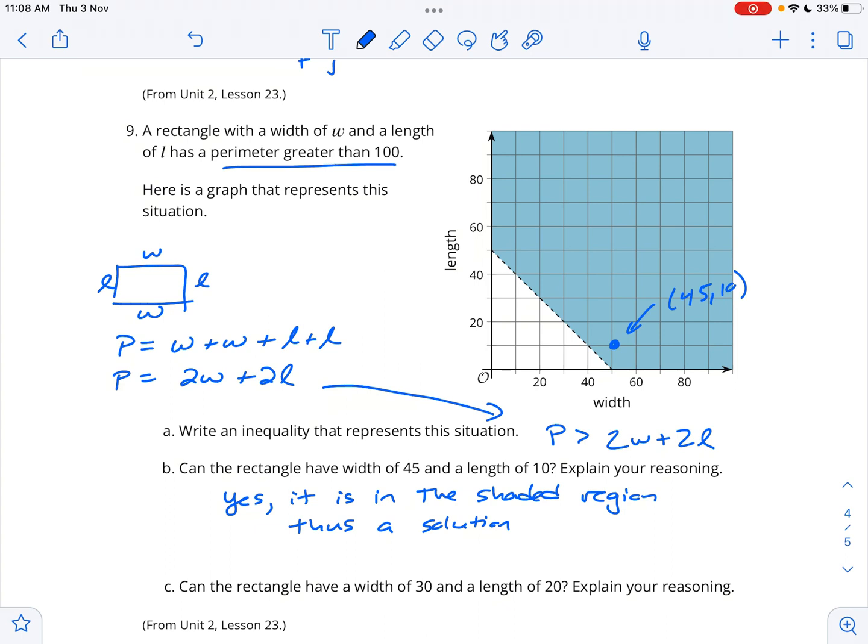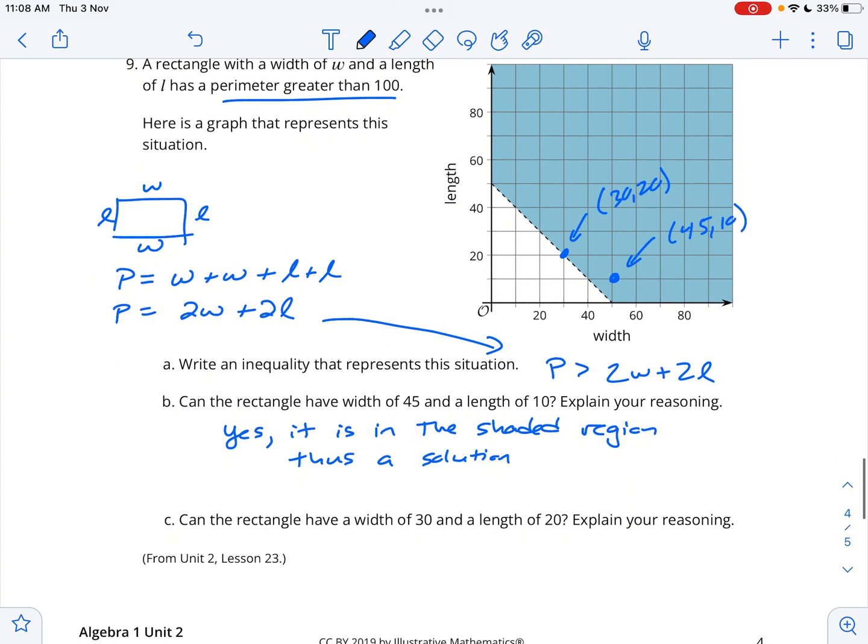Can the rectangle have a width of 30 and a length of 20? Well, let's see. A length of 30, a width of 20. That's right there. It's on the line. So this one would be a no. And the reason it's a no, it is on the boundary line, which is not part of the solution set.